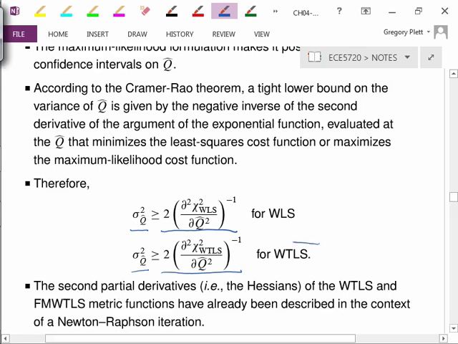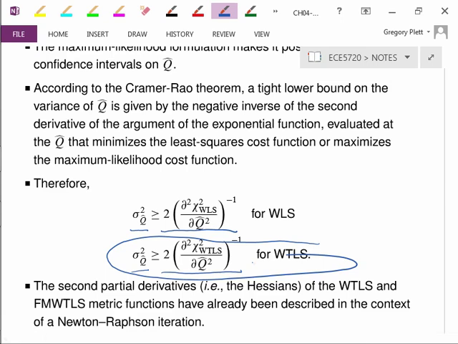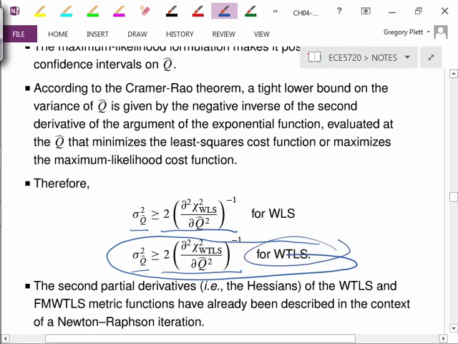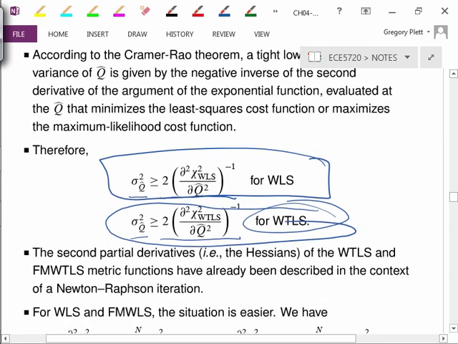So if I have to find the Hessian anyway, then I might as well use it for as much as possible, in this case to give me these error bounds. We already derived what the Hessian was for the weighted total least squares. You can go back a few pages and see it. It's a summation. It's a little bit ugly, but it's completely computable, not too hard. We did not, by the way, find the Hessian yet for the weighted least squares solution. We can do that.